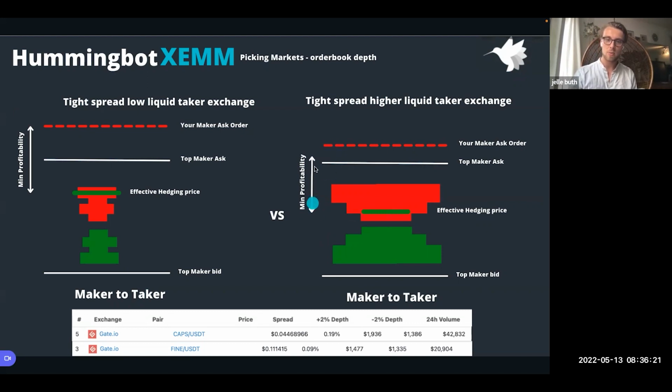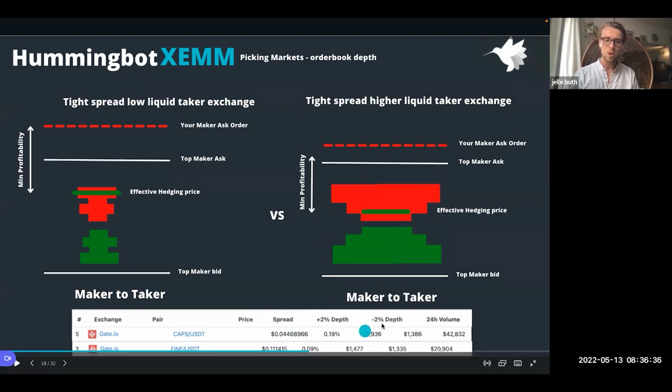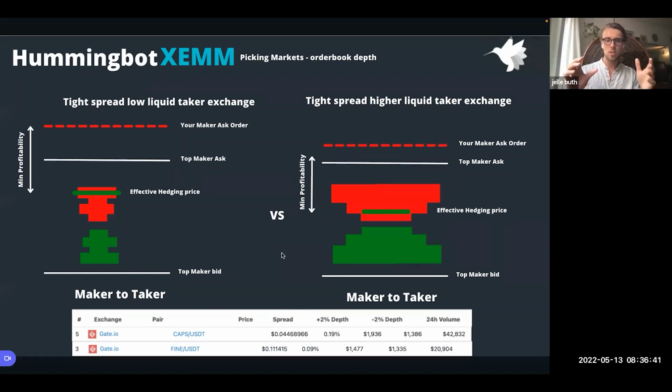With the same minimal profitability target, this causes my maker order to be placed closer to the mid price, increases liquidity mining rewards, and also increases the chance of my order being filled with a profit. So you want to take into account not only the spread, but also the order book depth, which is really important. There are two things you can do: you can choose a market with a deeper order book, or you can decrease your size so there's less slippage, and this effect is less common.